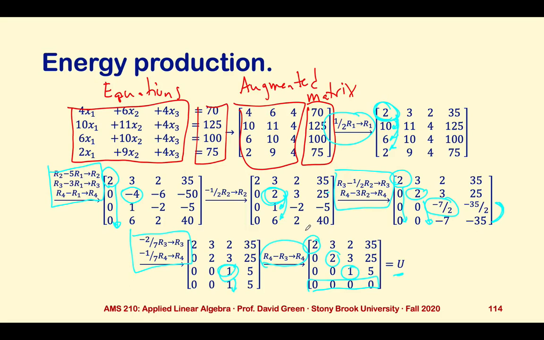All three variables are pivots. This means that already we know that this system has a single unique solution. No free variables, no inconsistencies. We can solve this and get an exact solution. We use back substitution to do so.